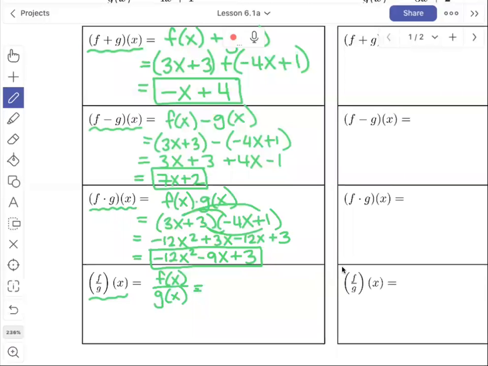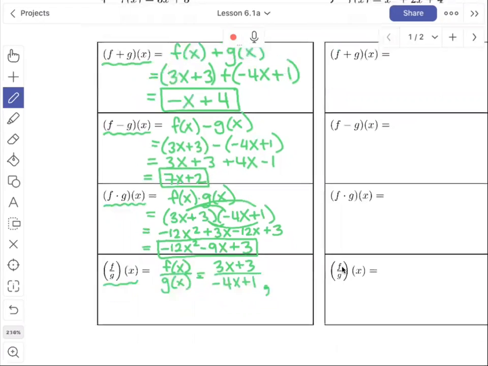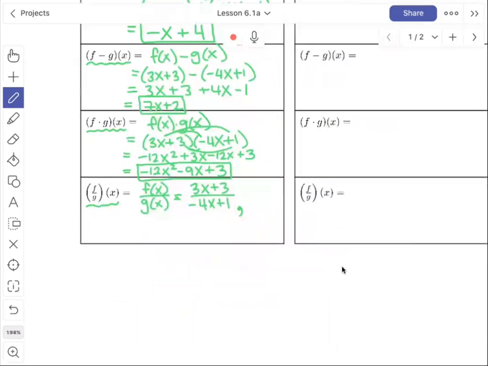Good. Okay, so you got 3x plus 3 over negative 4x plus 1. Now you can't simplify that. There's nothing we can divide. So this is almost our final answer, except we have a denominator. We have to make sure that denominator does not equal 0. So on the side here, let's set this equal to 0 and solve for x.